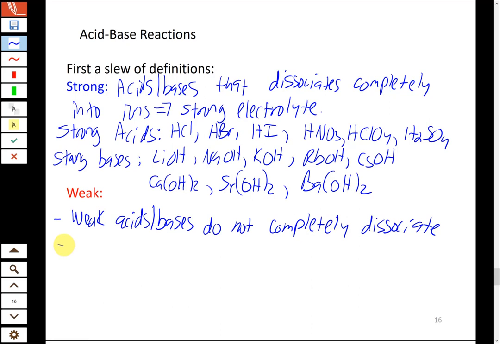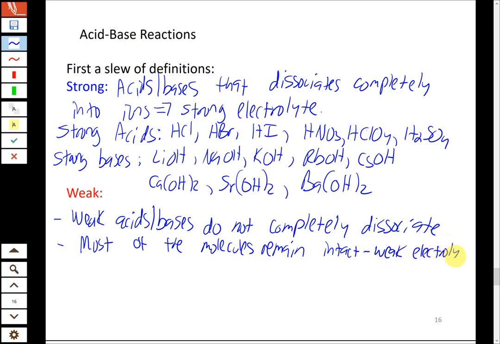You're going to get a little bit of dissociation, a little bit of H+ is going to separate from the anion and get some ions in solution, but most of the molecules stay intact. They don't break apart like you do for a strong acid. And that would mean it's a weak electrolyte solution, as we talked about. So these would be classified as weak electrolytes, because they don't completely separate into ions.